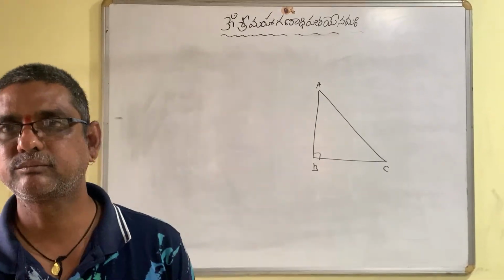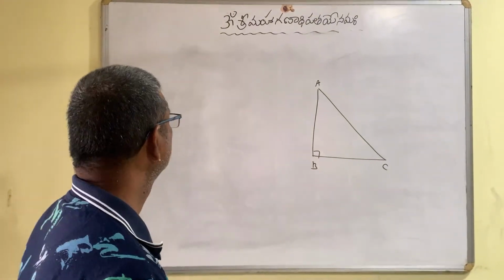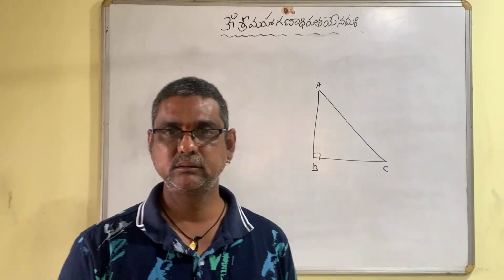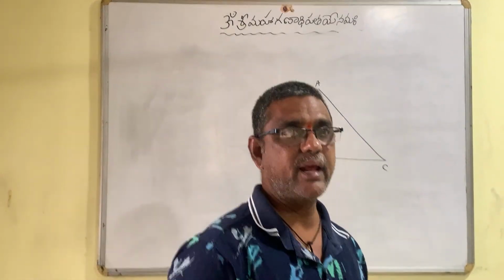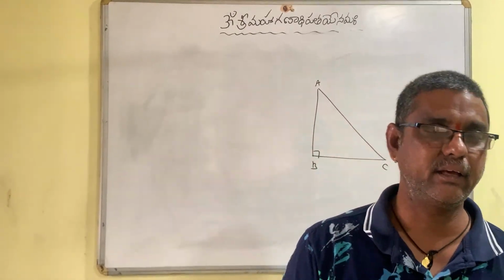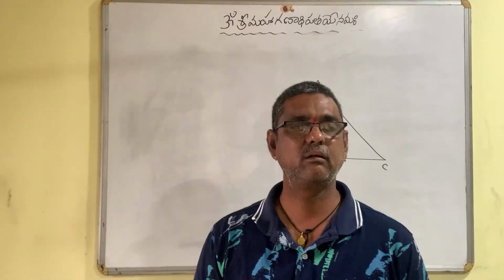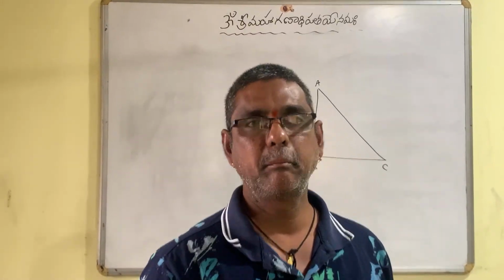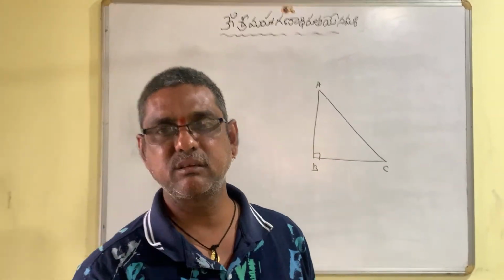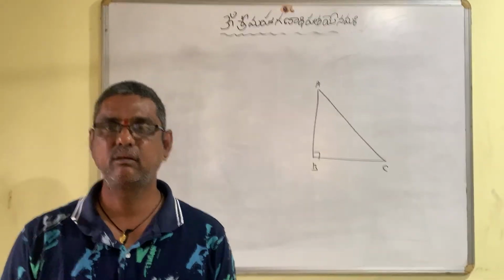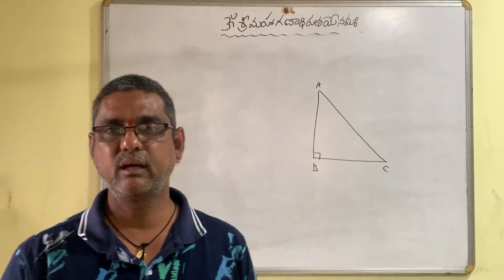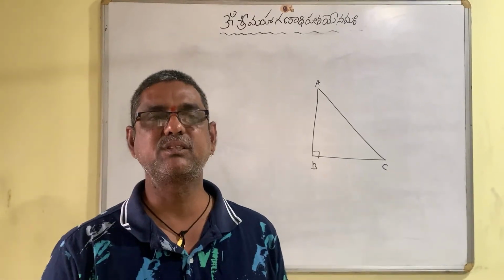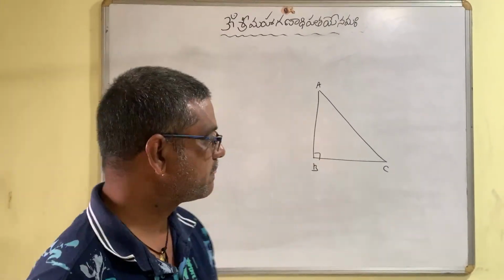Now, as I told you in the class that trigonometric ratios are defined according to the acute angles. By considering acute angles, we can define the trigonometric ratios.